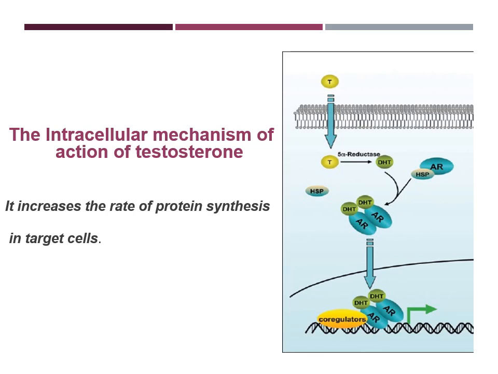This will combine with cytosolic androgen receptors, and then will be translocated as dimers into the hormone response element to induce gene expression that ends up with increased protein synthesis in the target cells. So it is considered an anabolic hormone.